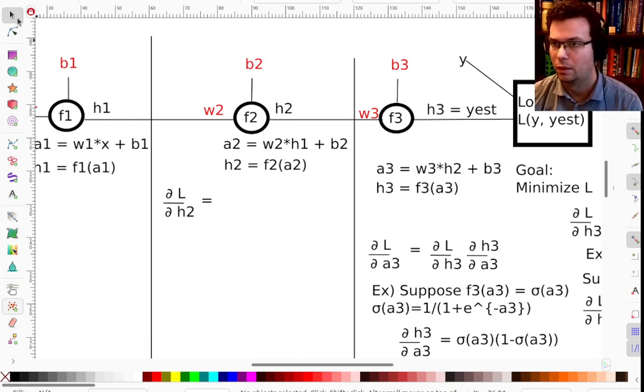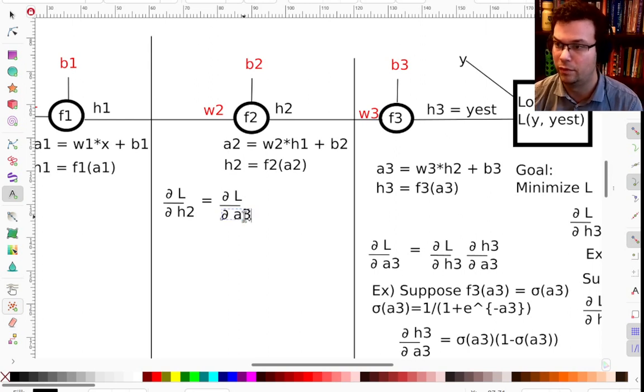So the derivative of the loss with respect to H2 is, because it depends on L through A3, the derivative of the loss with respect to A3 times the derivative of A3 with respect to H2. Okay, so H2 depends on the loss through A3.